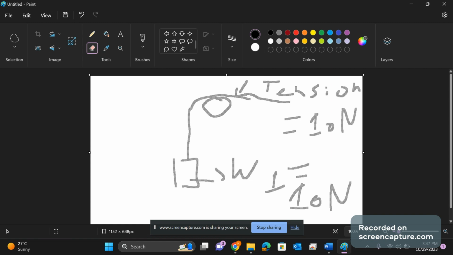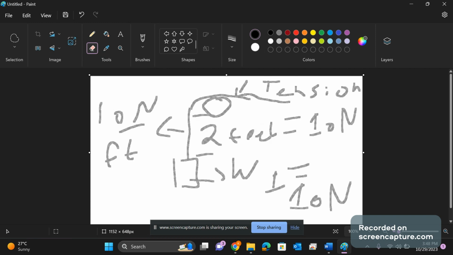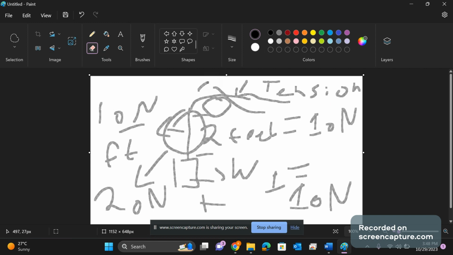So if the cable weight is 10 Newton per feet, and that length is 2 feet, that weight is 20 Newton. So 20 Newton plus 10 Newton, the combined tension that will be appearing on this tension device will be equal to 30 Newton, not the 10 Newton.